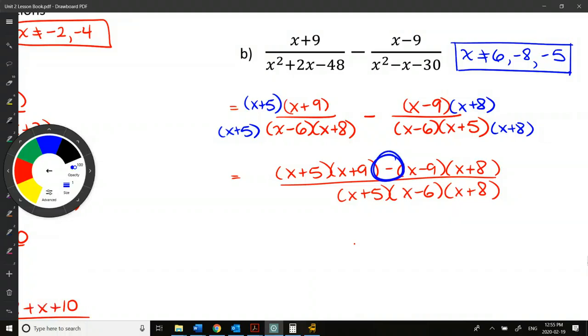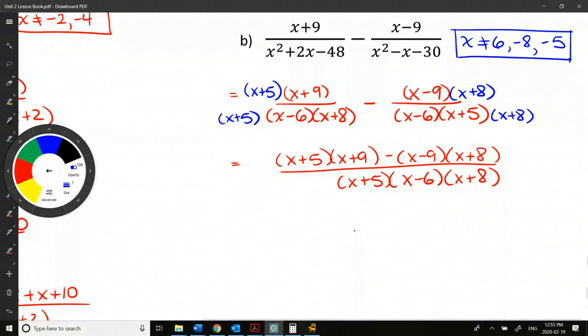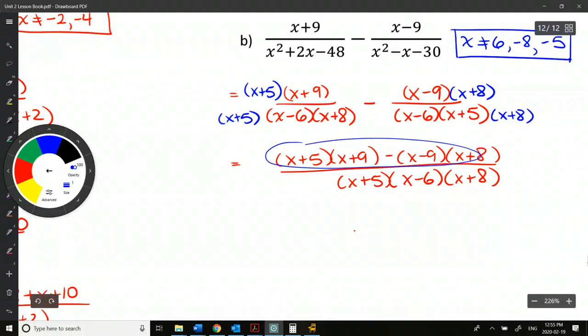This is a grouping, and this is a grouping, and we can't cancel anything from individual groups like that. So you cannot start canceling. You need to first expand and simplify the numerator, so we are going to FOIL each bracket here.